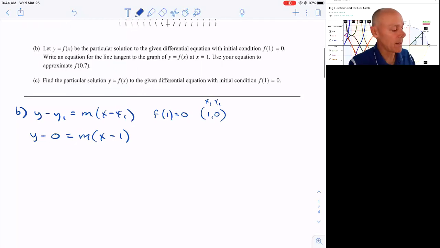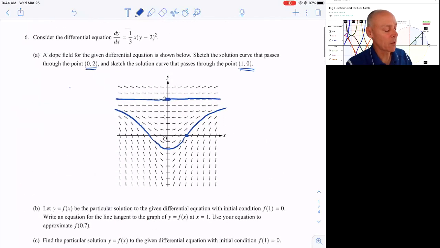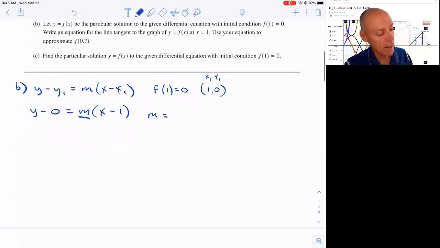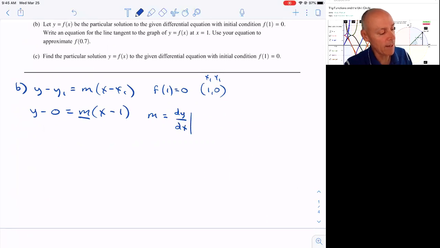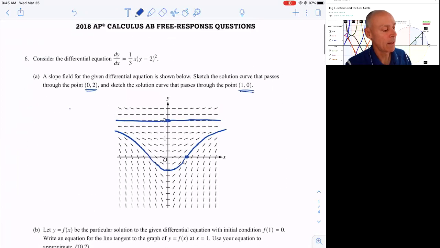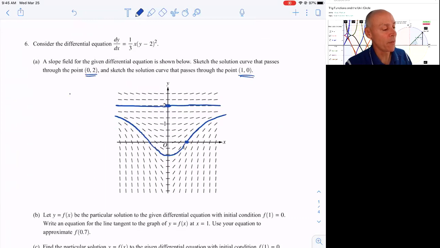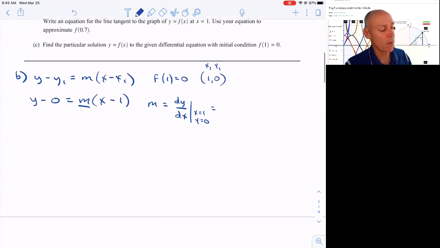Now I just have to find the slope. My slope is going to be given by my differential equation, dy/dx, at x equals 1, y equals 0. So I'm going to copy it: 1/3 x times the quantity y minus 2 squared.